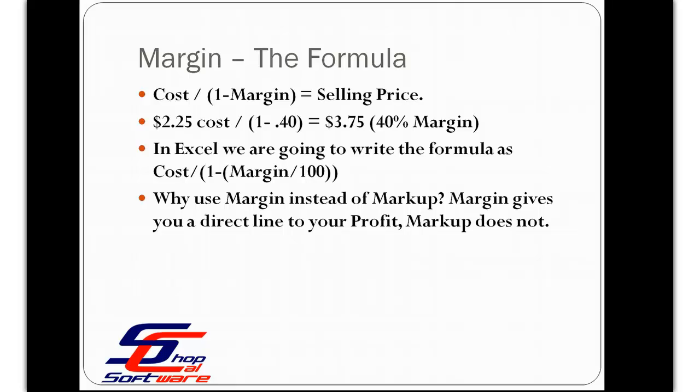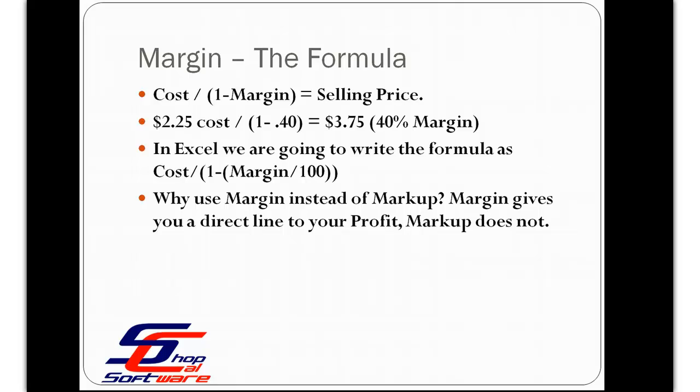In Excel, we're going to write the formula as cost divided by 1 minus margin divided by 100. The reason we're putting the divided by 100 in there is that, up above in the formula example with the $2.25, we had 1 minus 0.40.